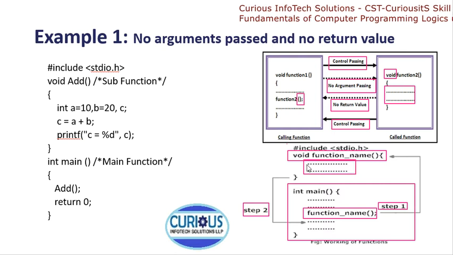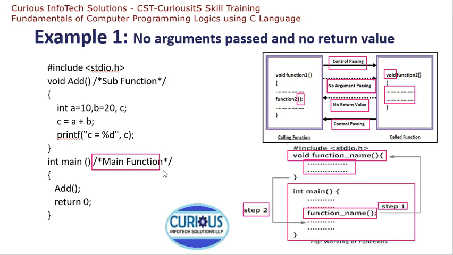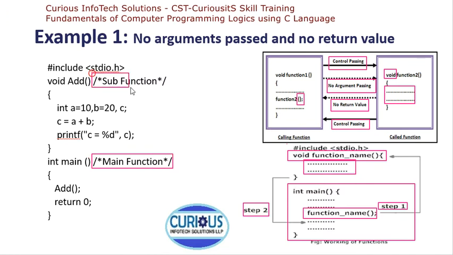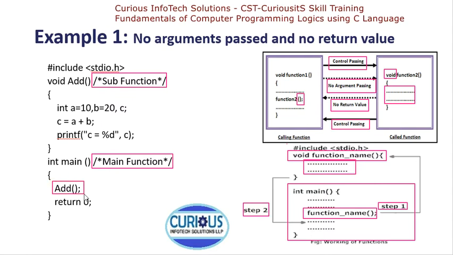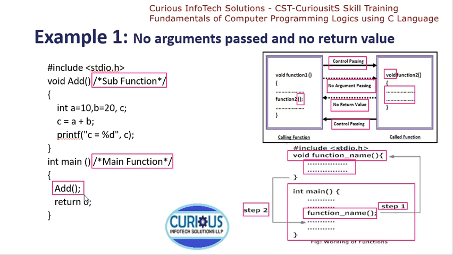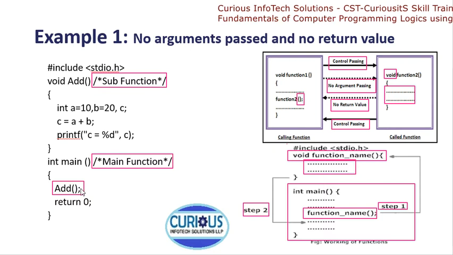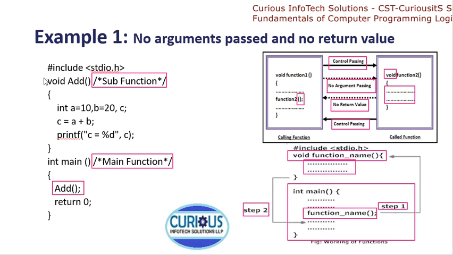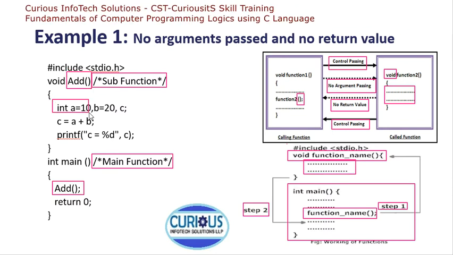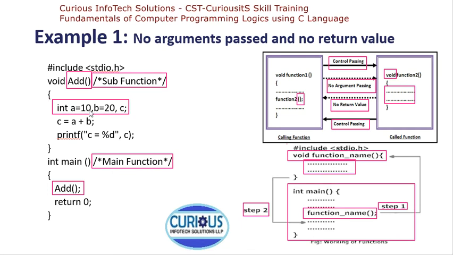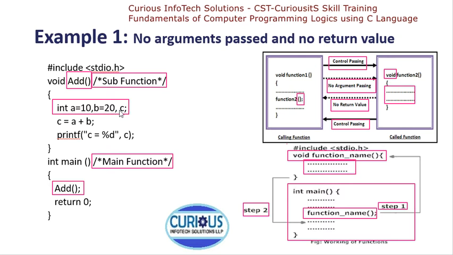Now we will see one program, that is the addition of a subprogram. Here we have the main function and this is your sub function. In the main function you have written one simple function, add. This function has no argument and no return value. As soon as this is called, you will reach this add function, where we have already written three variables: A, B, and C. A is assigned 10, B is assigned 20, and C is there.